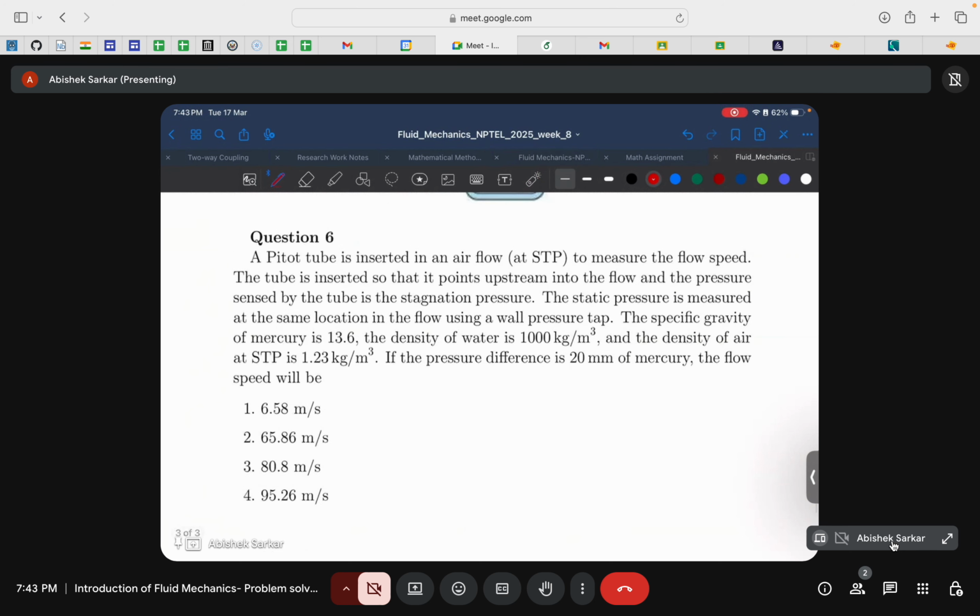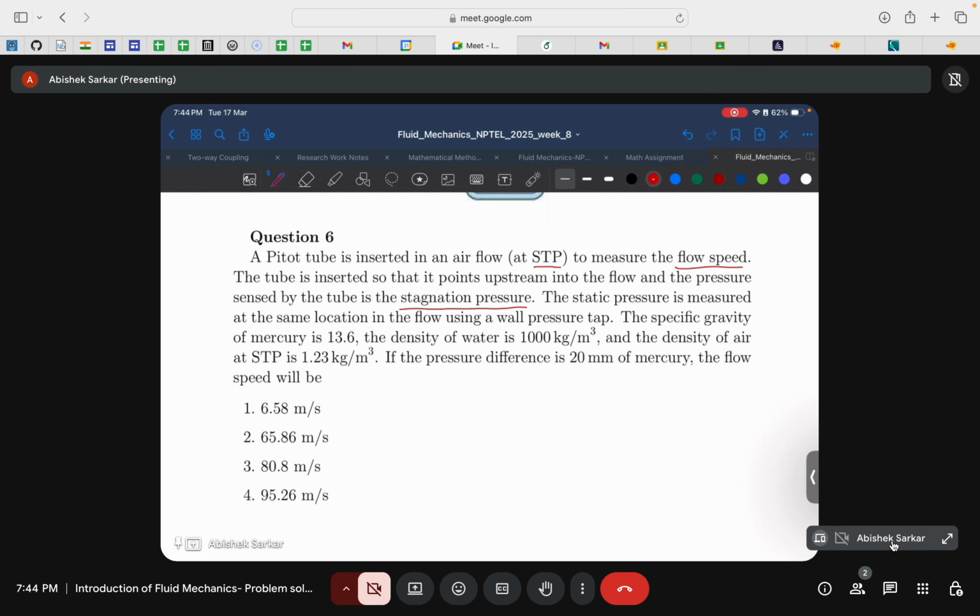A pitot tube is inserted in an airflow at standard temperature and pressure. STP is standard temperature and pressure, to measure the flow speed. The tube is inserted so that it points upstream to the flow, and the pressure sensed by the tube is the stagnation pressure. Of course, a pitot tube measures the stagnation pressure.